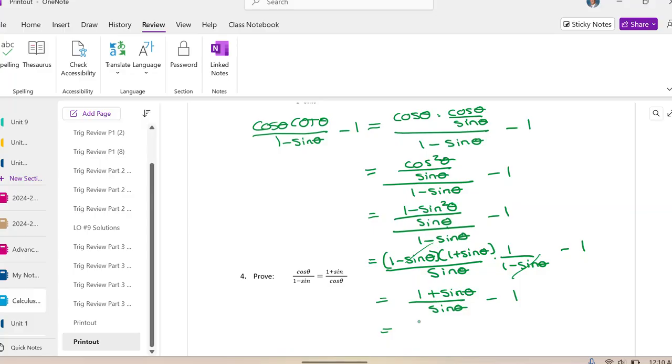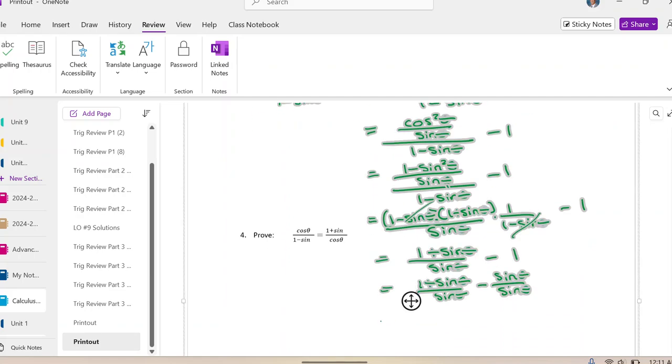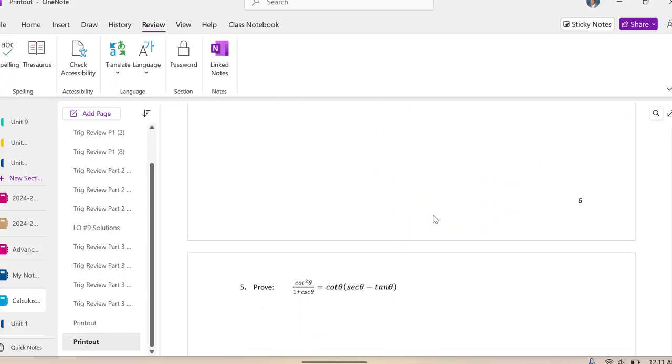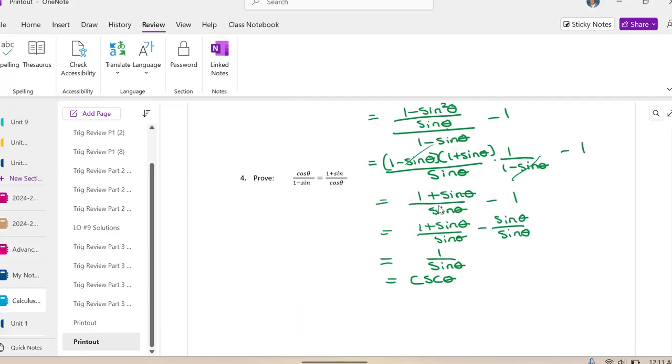And getting a common denominator allows you to cancel the signs. So you're just left with 1 over sine theta, which is cosecant theta. It's a process.